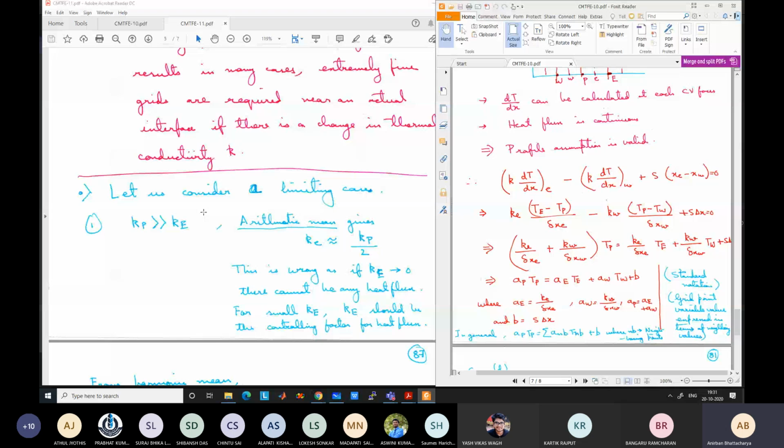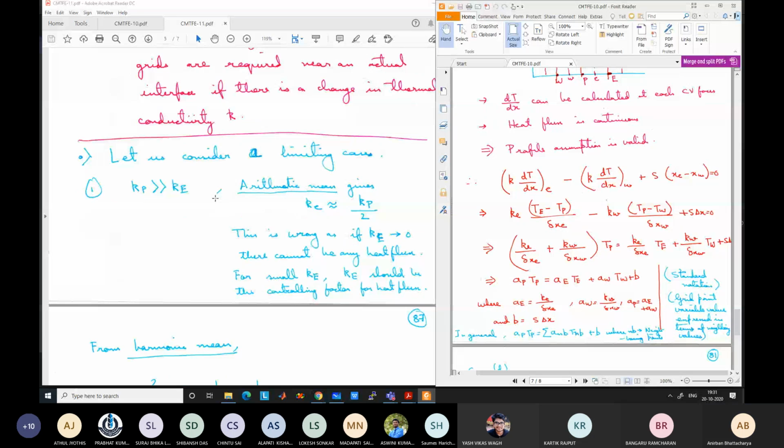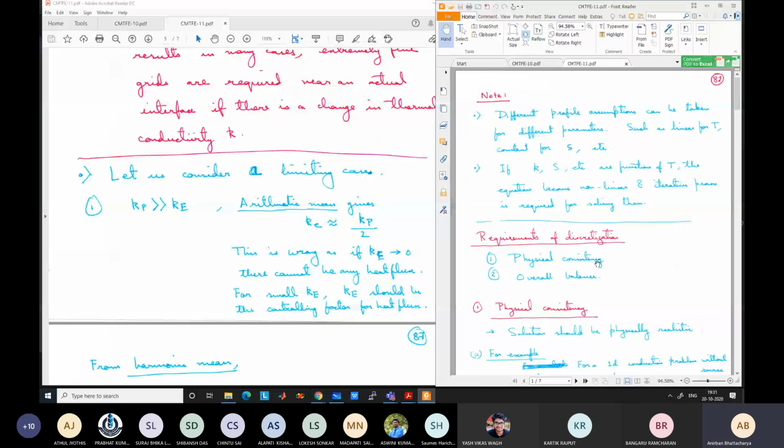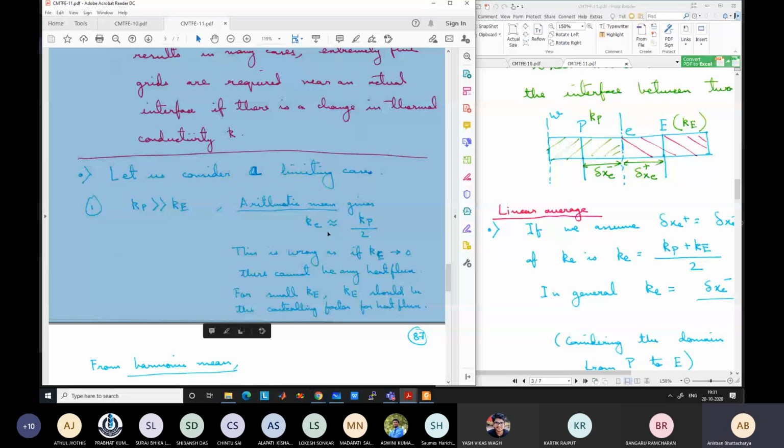So let us consider an example. The example is of a composite material where on one side you have a very high thermal conductivity material, like copper.